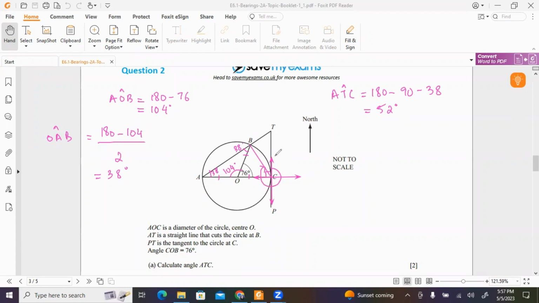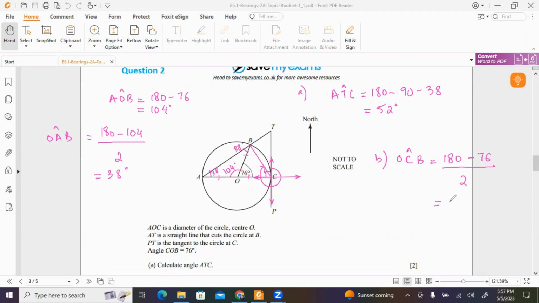So basically, what we need to find is the angle inside the small triangle. For that, once again, we use the concept of isosceles triangles because PO and OC are also the radius and they're equal to each other. So to find OCB, we'll do 180 minus 76 divided by 2.